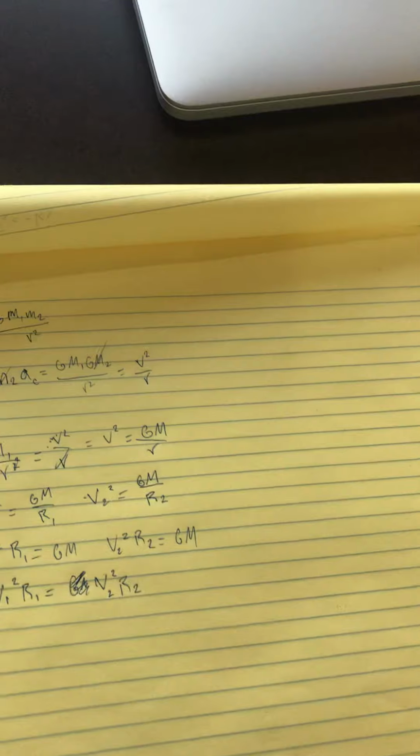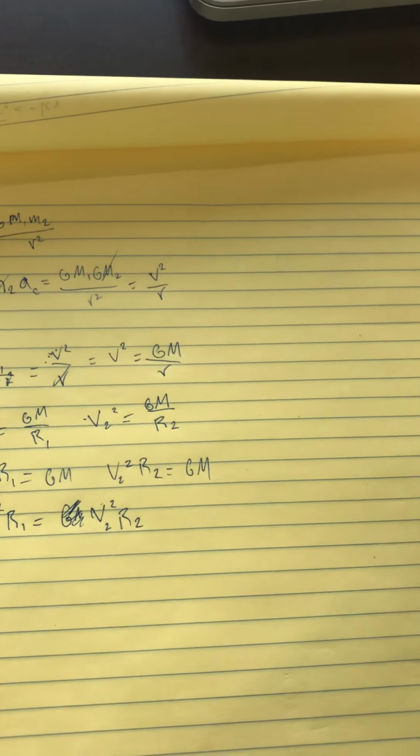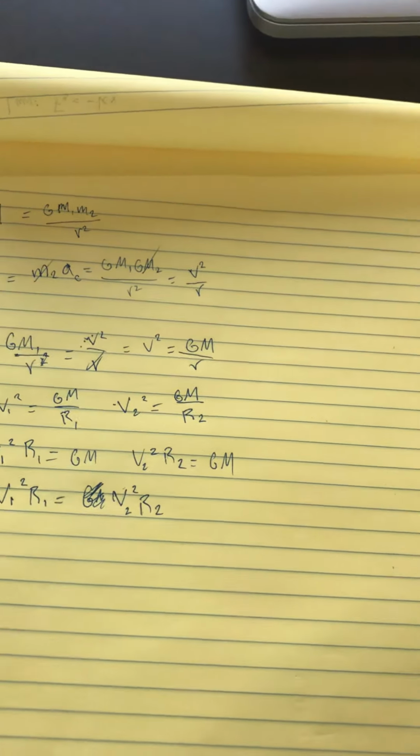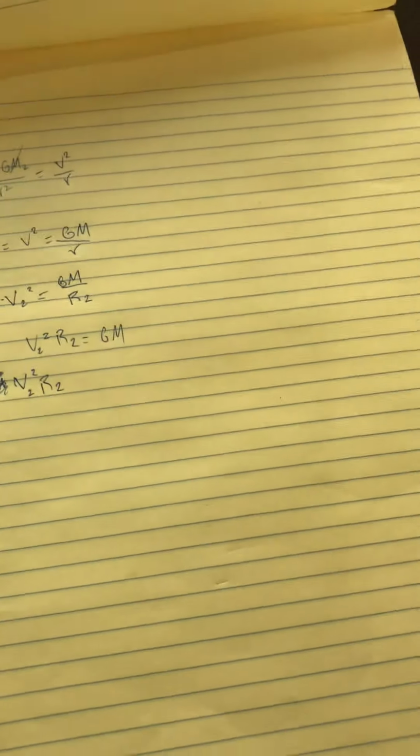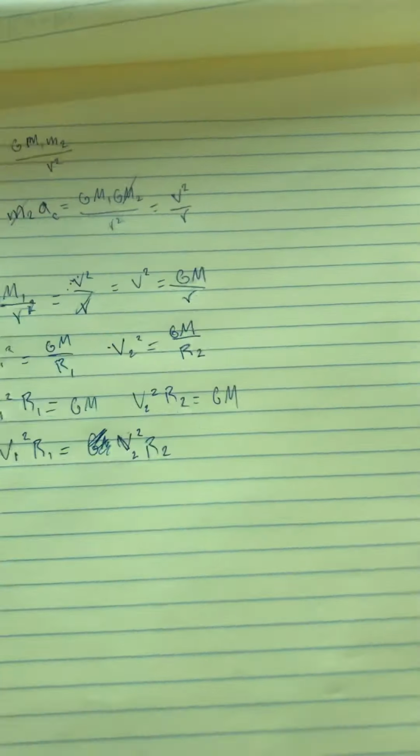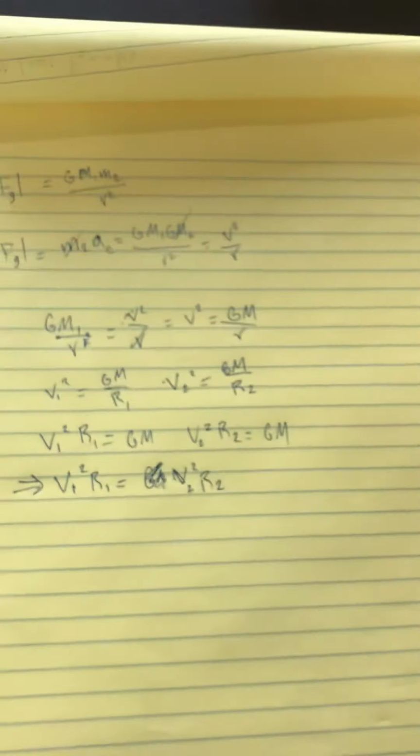So what we're gonna do now is make this into what the problem asks, which is the ratio between V1 to V2.